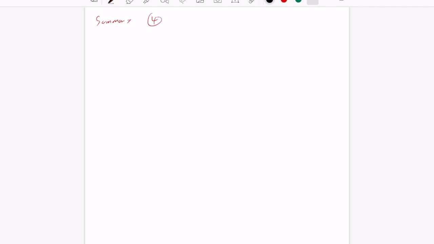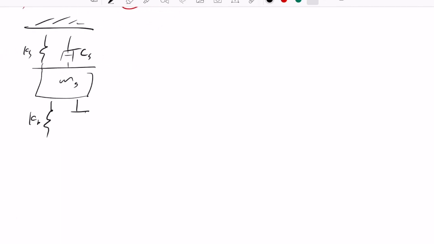So let's take a look at that. Let's put the summary for system 4. And there's our spring, there's our damper, there's our mass of the system, damping of the system, KS, that's the base, that's the damping of the base, this is the base itself, moving of y of t is equal to y cosine omega t.